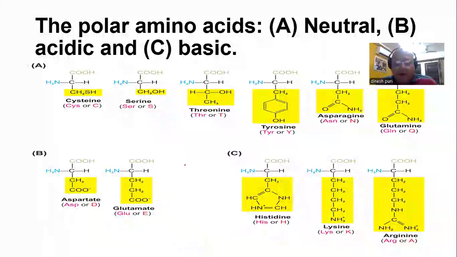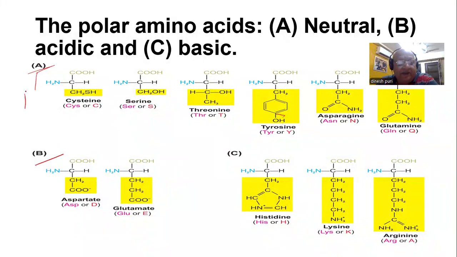Then it will be called tyrosine, OH becomes polar. So in the first classification scheme, there are 2 subcategories, polar and non-polar. Non-polar we have seen now; polar can again be subdivided into 3 subtypes.